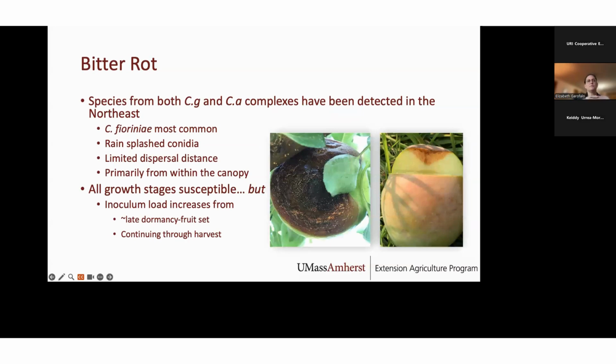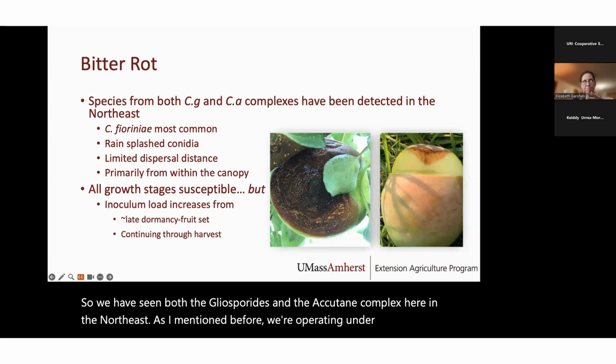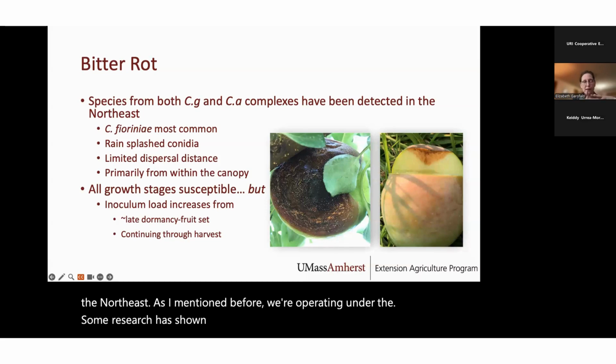So we have seen both the Gloeosporioides and the Acutatum complex here in the Northeast. As I mentioned before, we're operating under the assumption that Acutatum is around, as some research has shown. Not a lot of that research, however, has been done in New England.